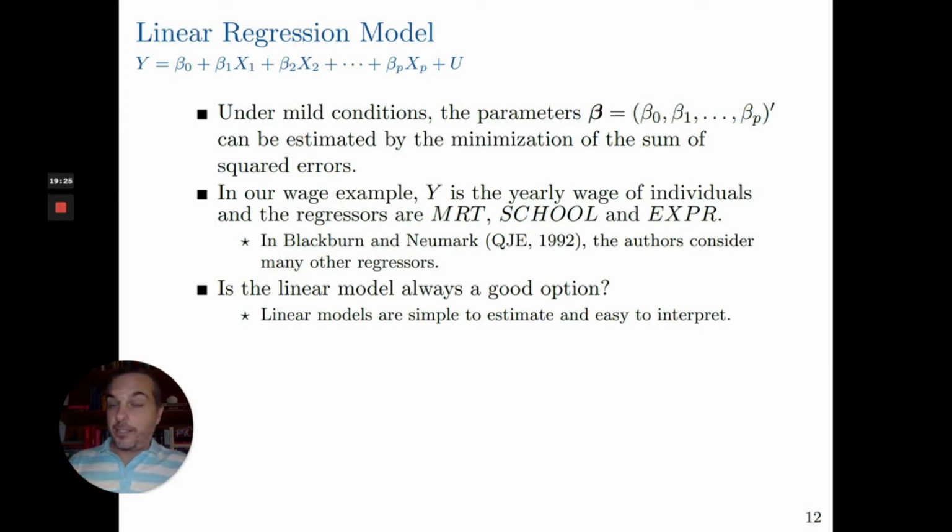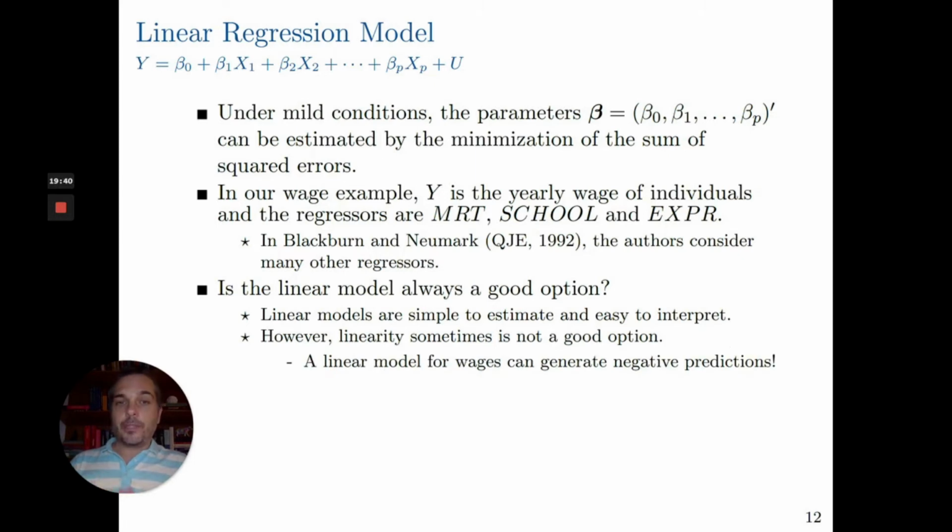Okay? The question is: is the linear model always a good option? Advantages: simple, easy to estimate, easy to interpret. Okay? Sometimes linearity is not a good option. We have alternatives. Okay? So for example, a linear model for wages can generate negative predictions because there are no restrictions that predictions must be positive.